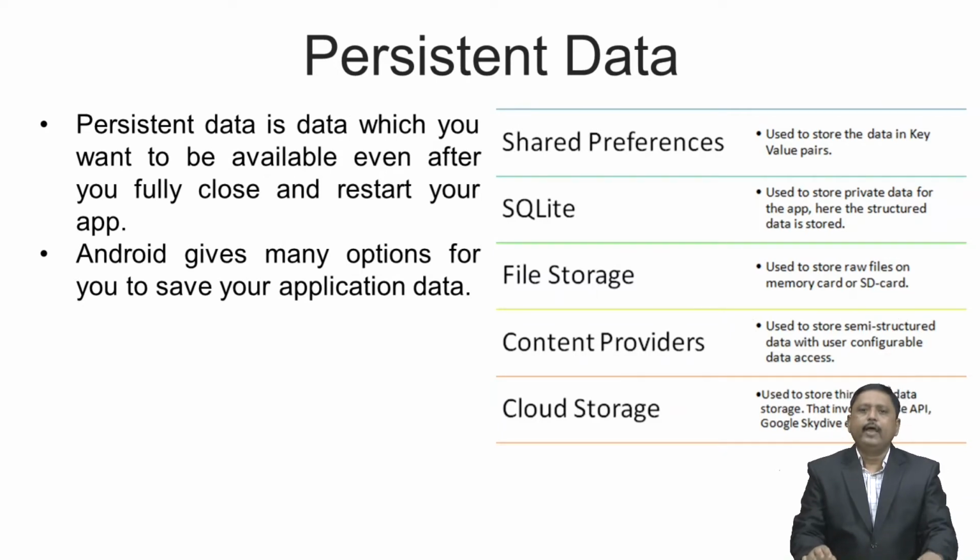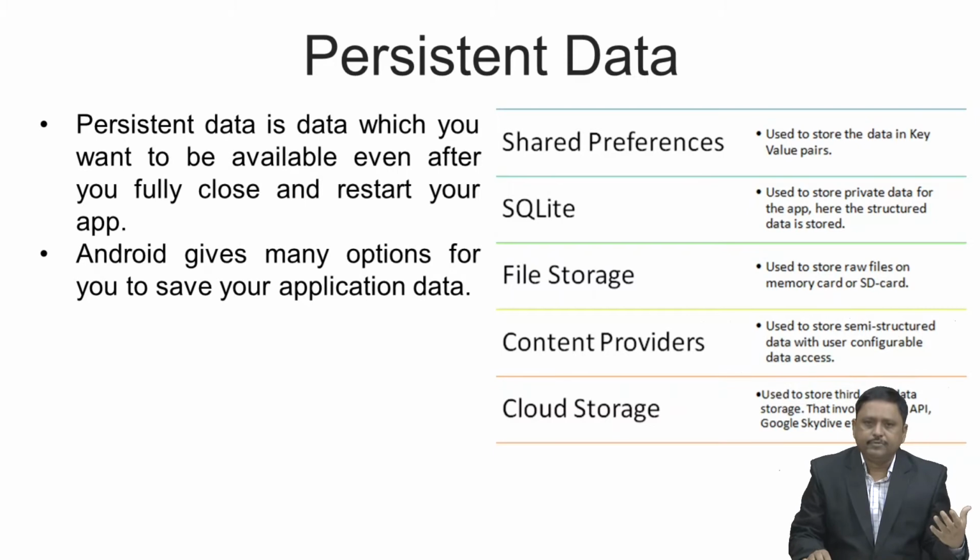Then we have content provider. We will learn more about content provider, but right now we can remember that content provider are used to store semi-structured data with user configurable data access.